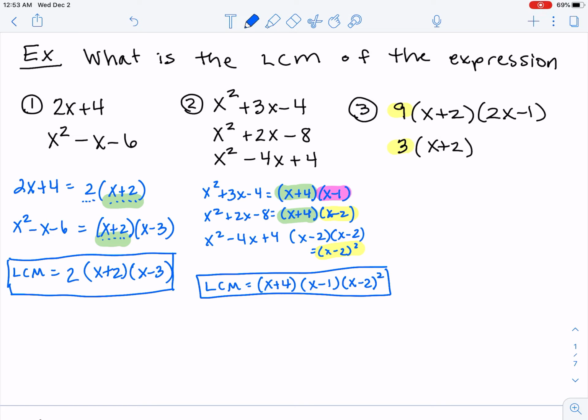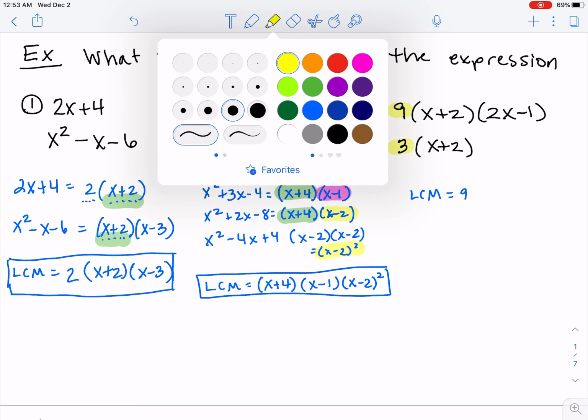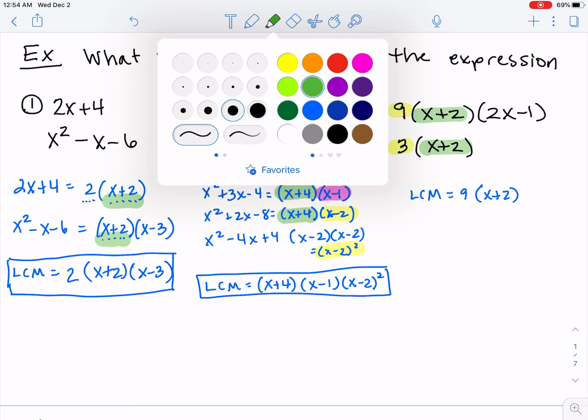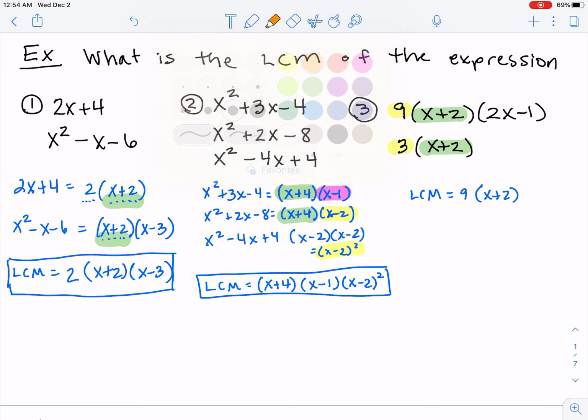The least common multiple would be 9. After that, I have an x plus 2. So that's going to be a factor. And then I have this, I'll go orange, 2x minus 1.